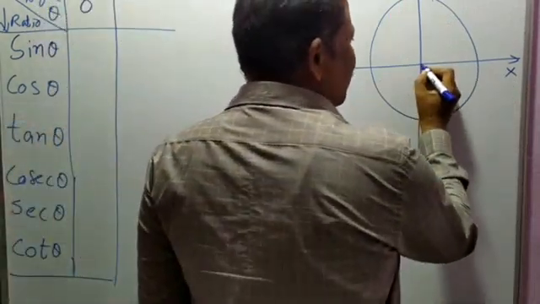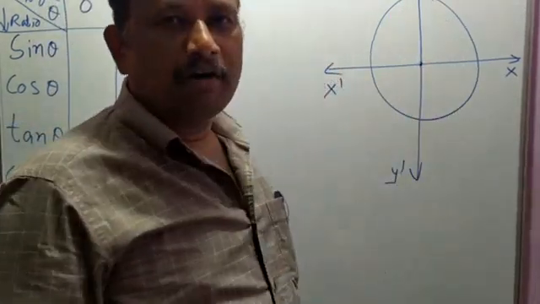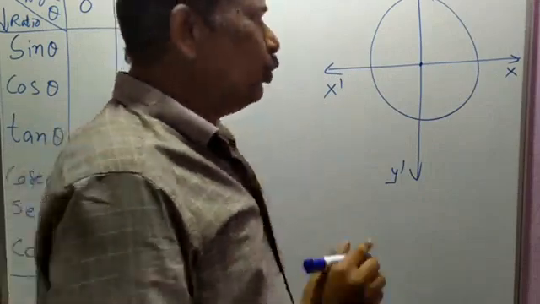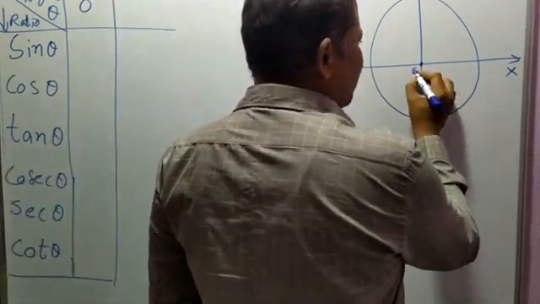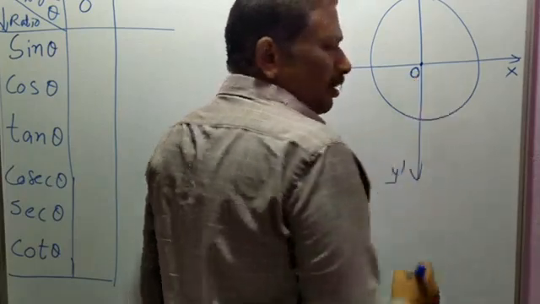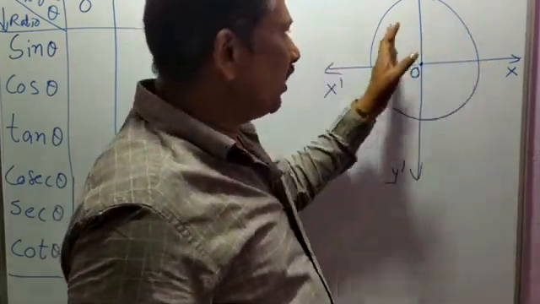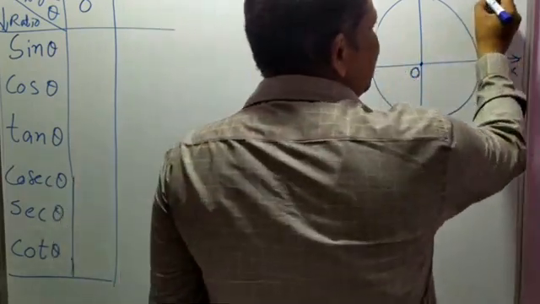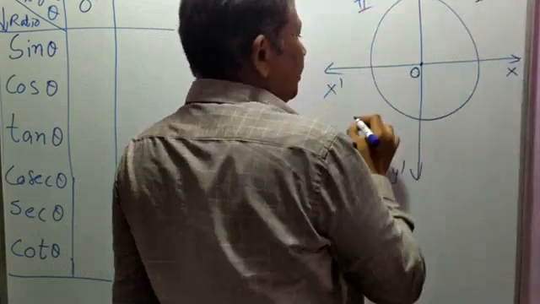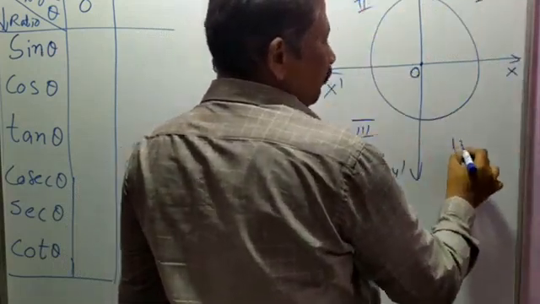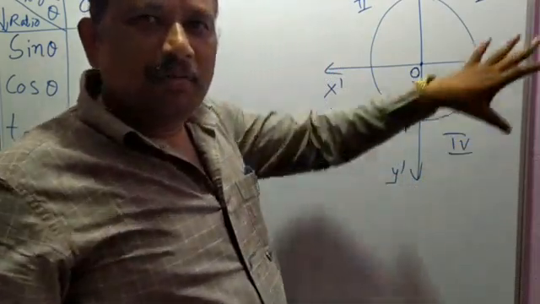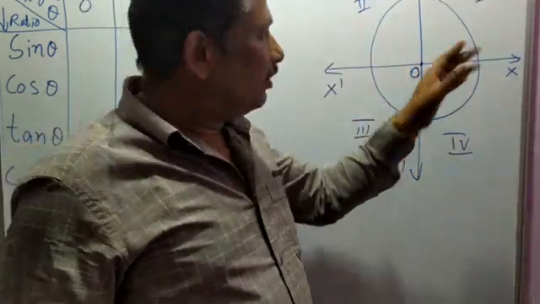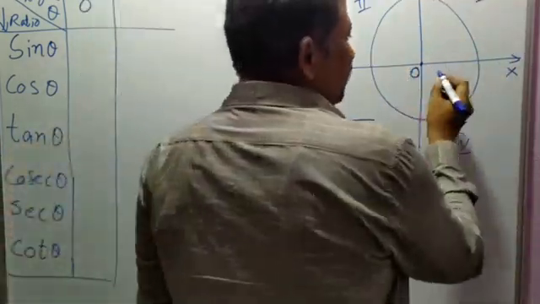This is the point of intersection of the two axes, the origin. It divides the coordinate plane into 4 quadrants: first quadrant, second quadrant, third quadrant, fourth quadrant. About the quadrants we will learn later on. Now we will find the 0 angle.